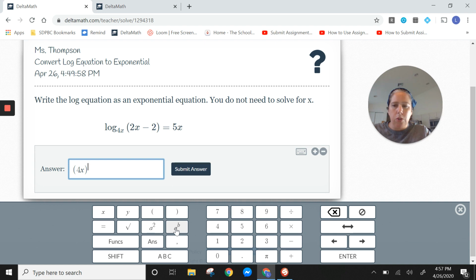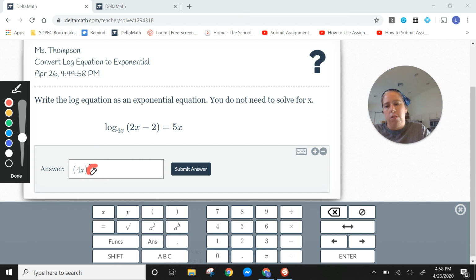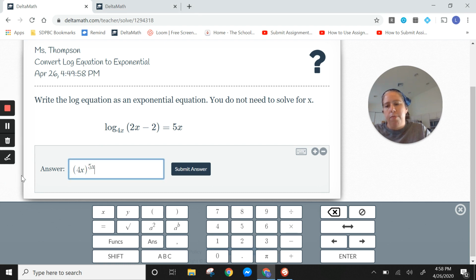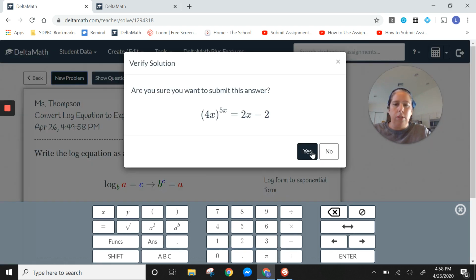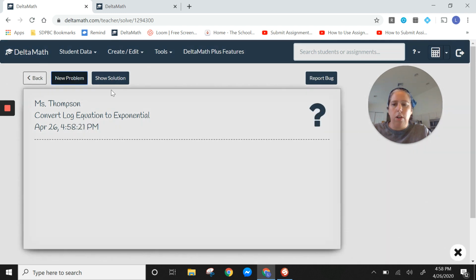So 4x raised to the 5x power, make sure you shift over so your cursor jumps down. You see how right there, jump down. And that's going to equal 2x minus 2. Submit your answer. Is it right? Yay, you guys are awesome.